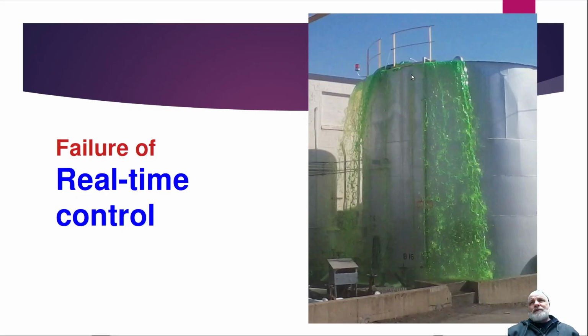Typically you would have a sensor up here at the top of the tank, and when the liquid, in this case the antifreeze, gets to the top, that sensor sends a message to a controller. That controller then automatically stops the pump from putting any more antifreeze in there, so you don't have thousands of gallons of antifreeze flowing out onto the earth, right?